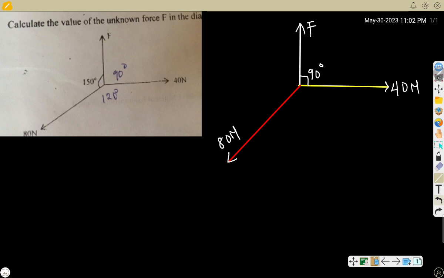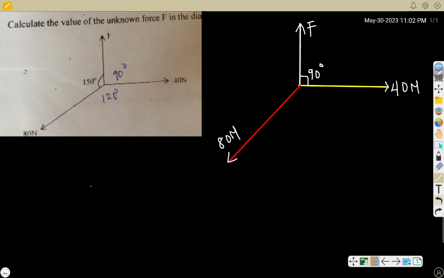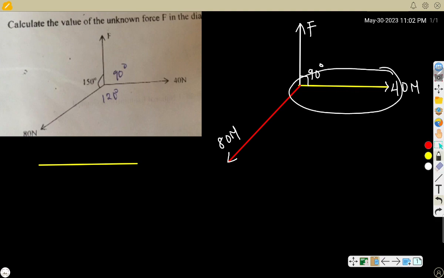Let me move it here. I have the yellow force here. That's 40, which is this one here. 40.